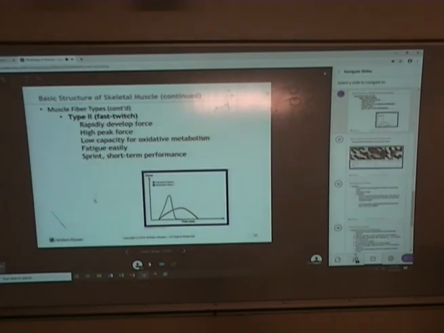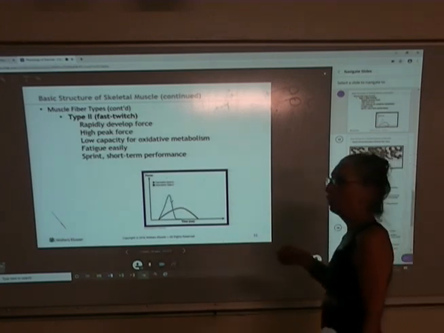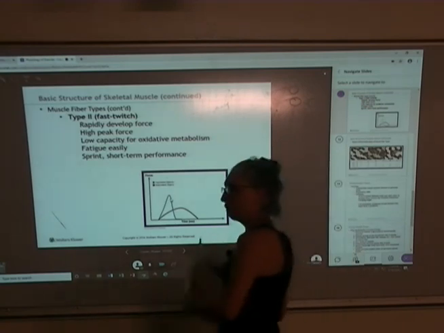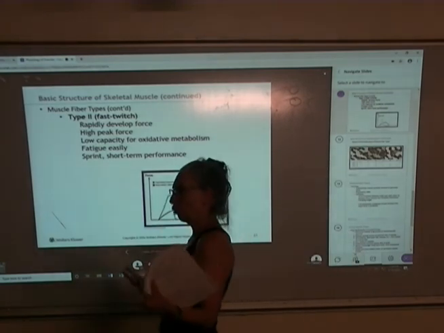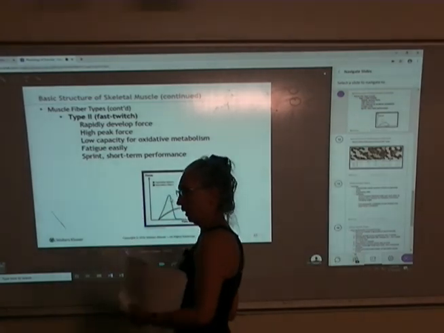Type 2 is the blue line, and by comparison, type 2 develop their force very quickly, right? Their peak force is much higher than a type 1. However, type 2s are not very good at using energy system 3 with the oxygen to make ATP, right?